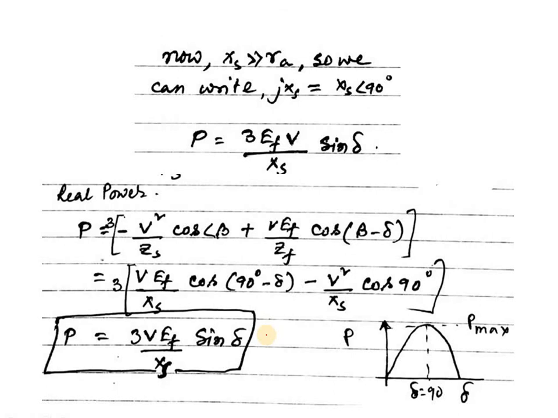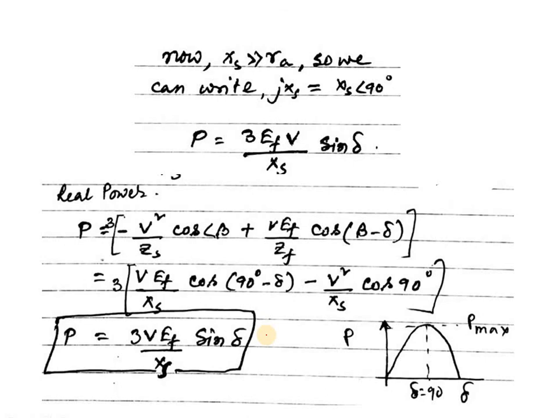Now if XS is very much greater than RA, we can also write that ZS equals XS angle 90 degrees. So putting this value, we get P equals EF into V by XS sin delta. And here the real power will be 3 times V square by ZS cos beta minus V into EF by ZS cos beta plus delta.